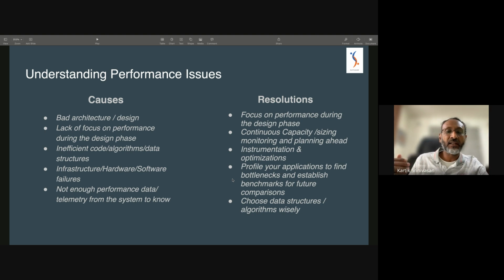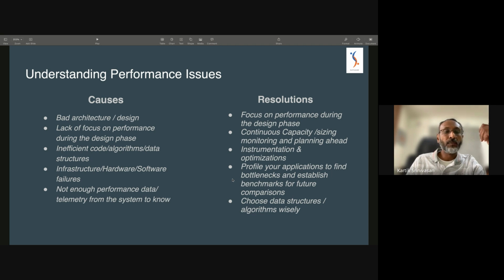So how do you correct it? You start imbibing performance as a first class requirement as part of the design phase itself. When you start designing with performance considerations in mind, it leads to a better architecture and better design, and you will see fewer and fewer problems when you deploy your software to the consumer.